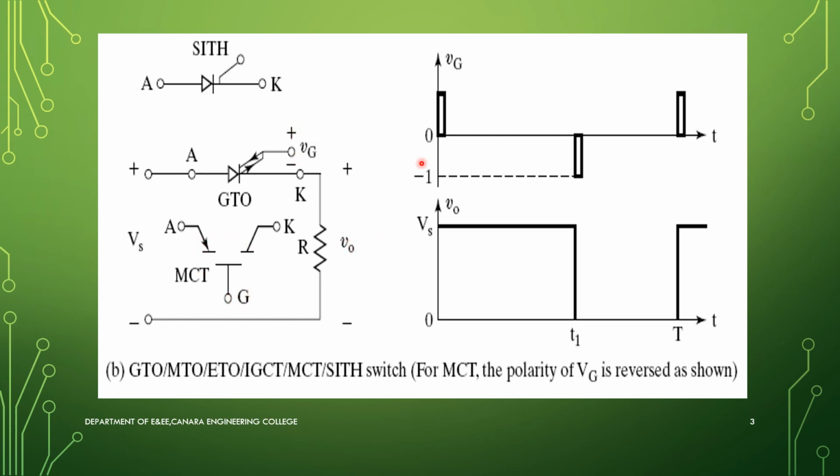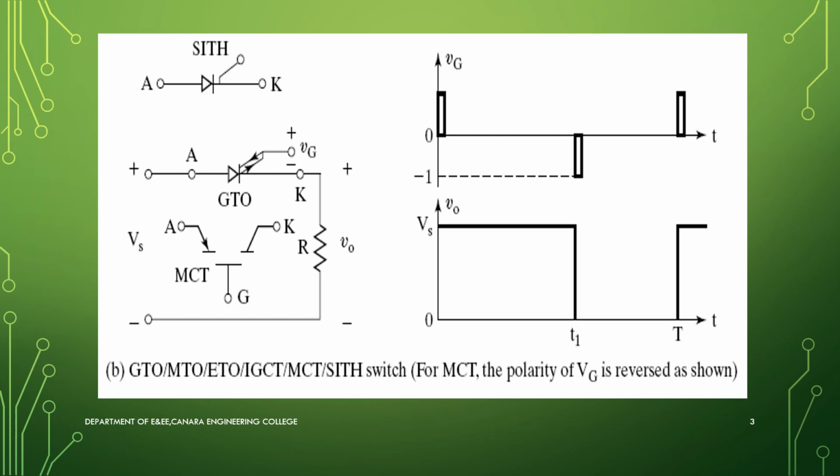Here, how it is different from a thyristor is, on applying a positive signal to the gate terminal, the device is going to conduct. Then if you reverse the polarity, if you apply a negative voltage to the gate terminal, the device turns off.